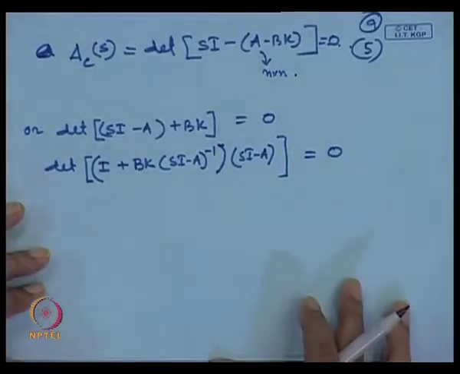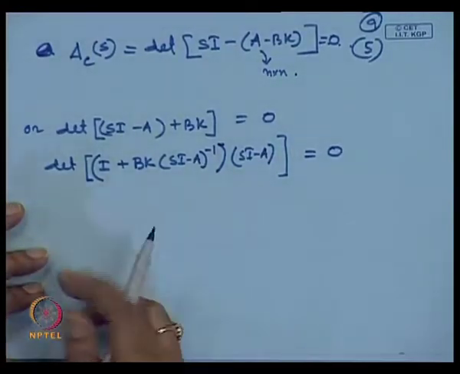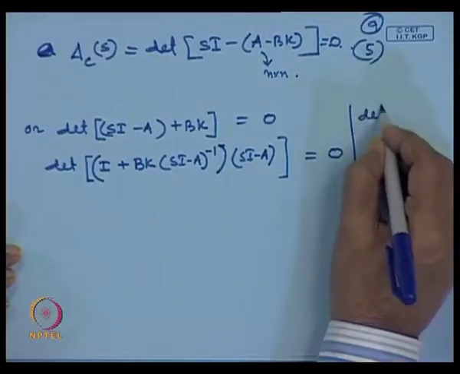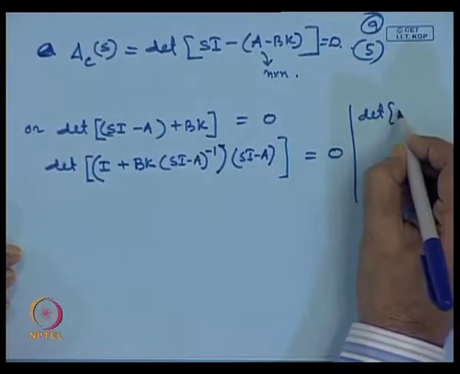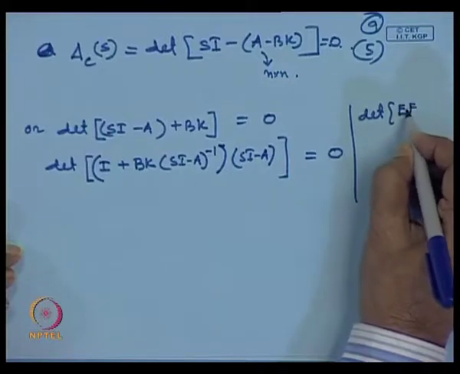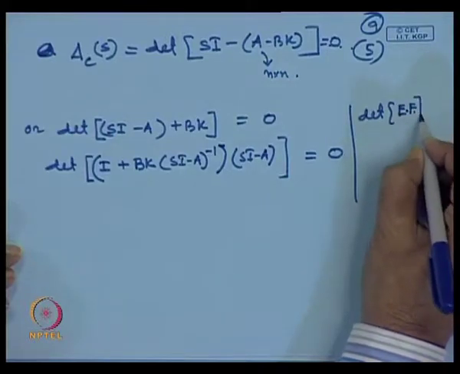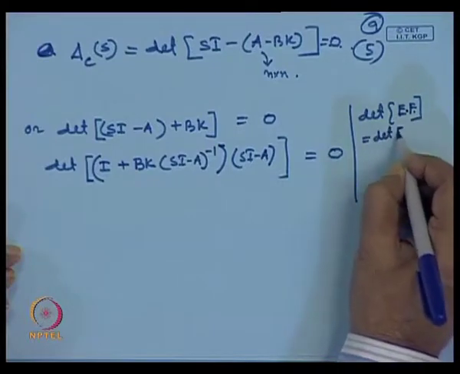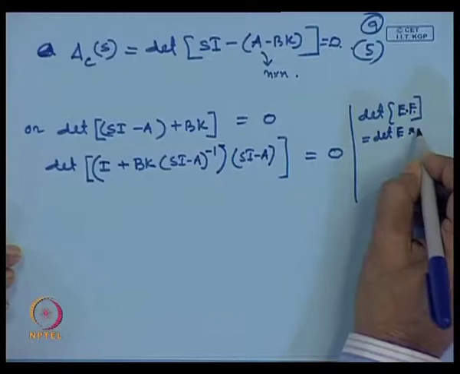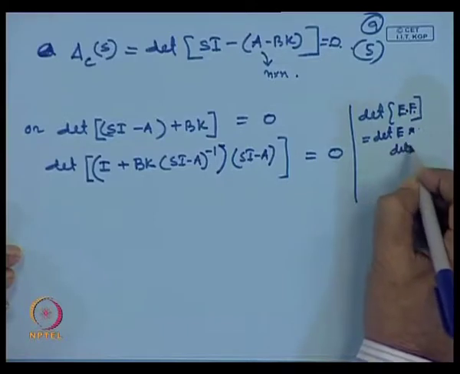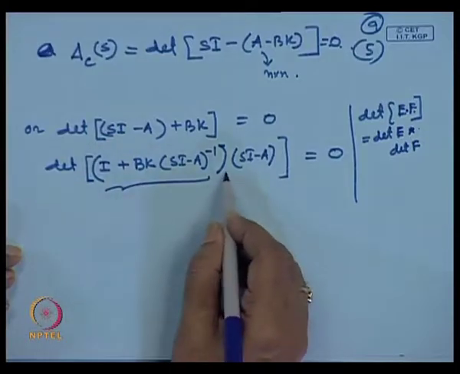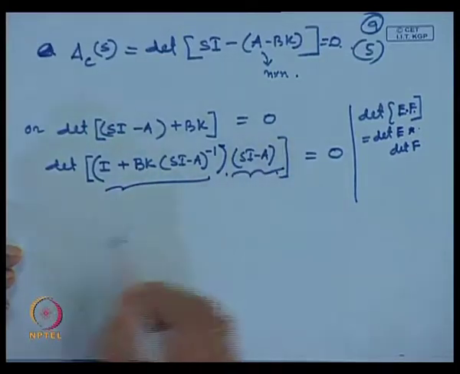Now I can write this in this form, using the property that the determinant of E F, where E is a matrix and F is a matrix with proper dimension, is equal to determinant of E into determinant of F. That property I will use here.